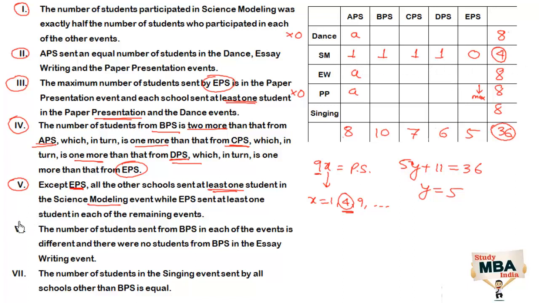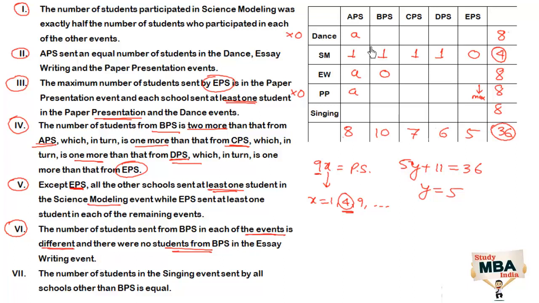Now let's move to condition number 6, and it says that the number of students sent from BPS in each of the events is different, and there were no students from BPS in essay writing. So if there are no students from BPS in essay writing, then this cell should be filled with 0. And it also says that in each event the number of students who participated from BPS is different.